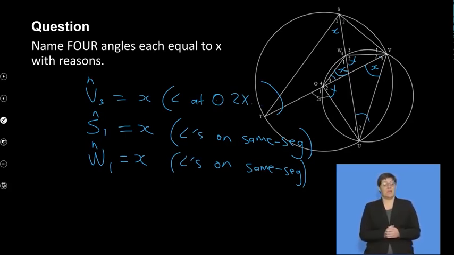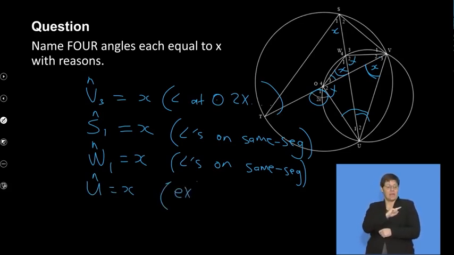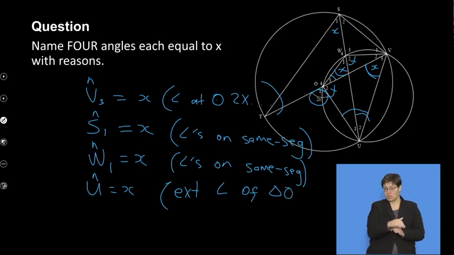Therefore, we can just say O1 is equal to V3 and the whole of U, right? Because it's an exterior angle of a triangle. So that simply makes angle U also equal to x, and your reason will just be exterior angle of triangle. Now I'm going to specifically say which triangle so that you are clear, right? OVU.